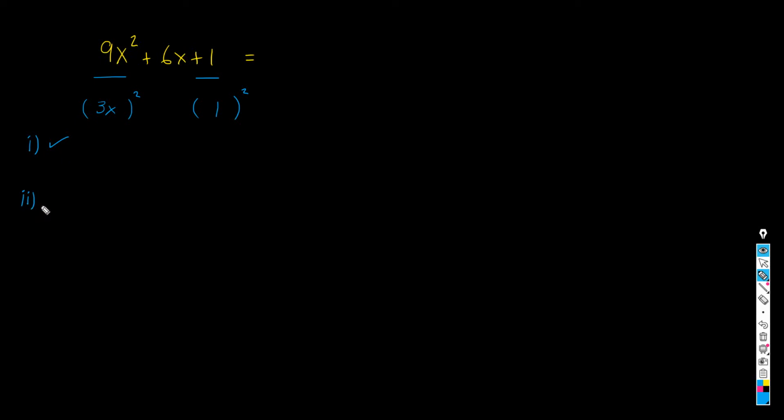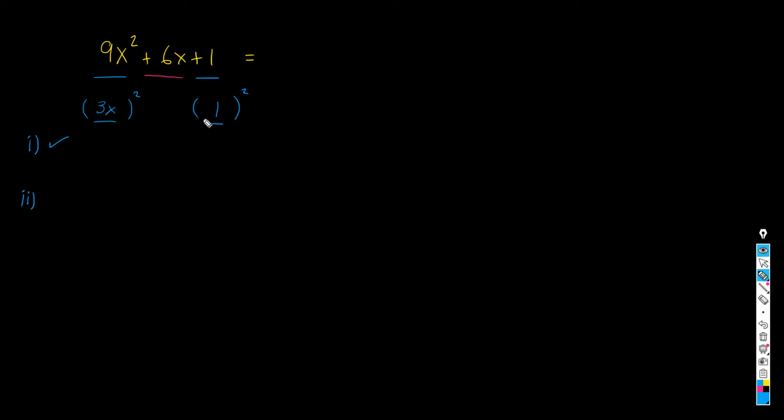What is the second step? The second step is the following. You're going to look at the term in the middle, which in this case is 6x, and you have to make sure that such term is the double of this times this. So how much is this times this? That's going to be 3x times 1, that's 3x.